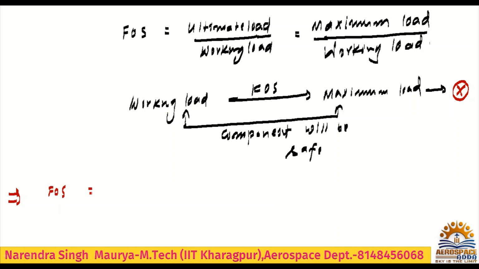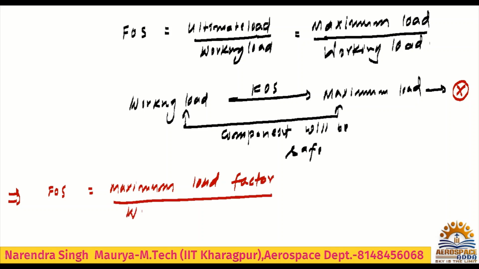Factor of safety is equal to maximum load factor divided by working load factor, because they have given the load factor here for us.